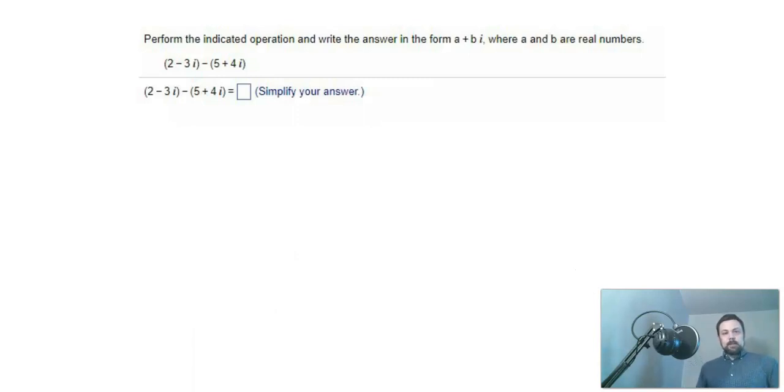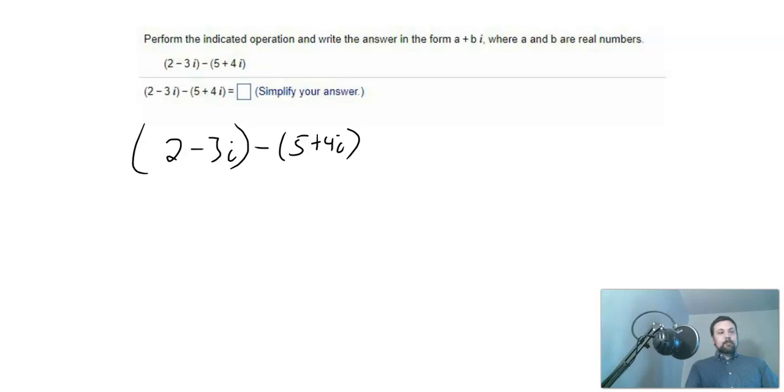All right, so let's take a look at some examples here. So here we have (2 minus 3i) minus (5 plus 4i). So I'm just going to write the problem again. Here we are subtracting. Now the directions don't say that explicitly, but do be careful to look whenever you see, because for a lot of these problems, they will just put the complex numbers in parentheses.